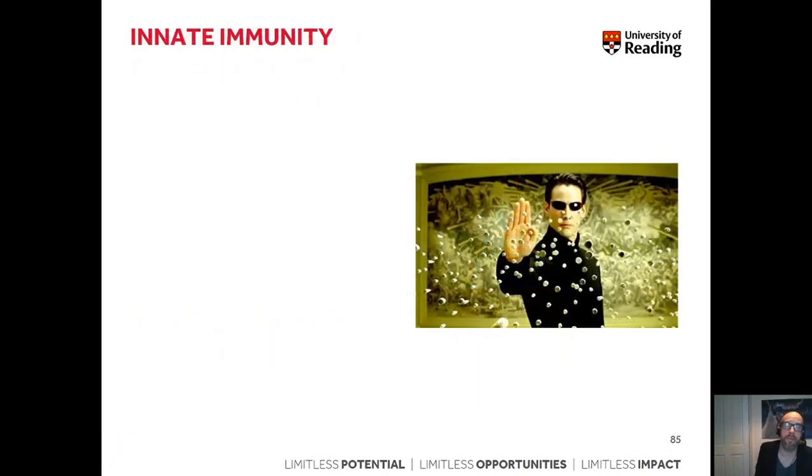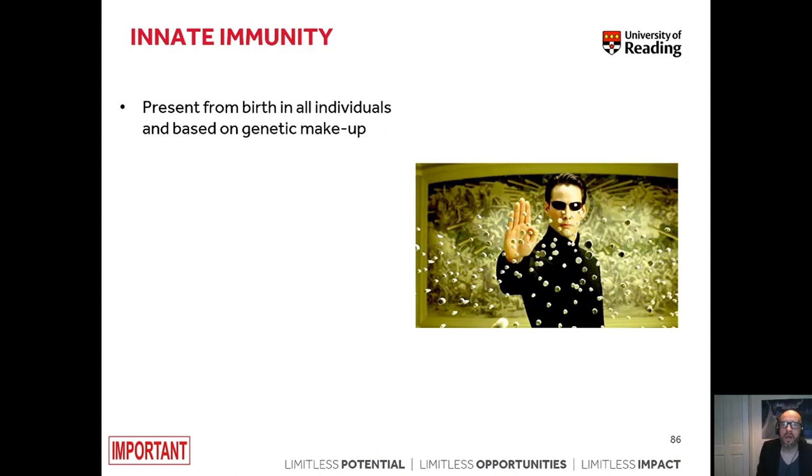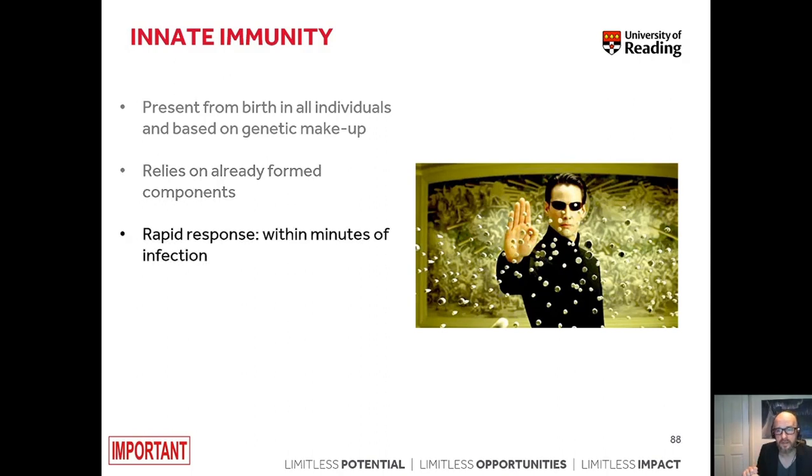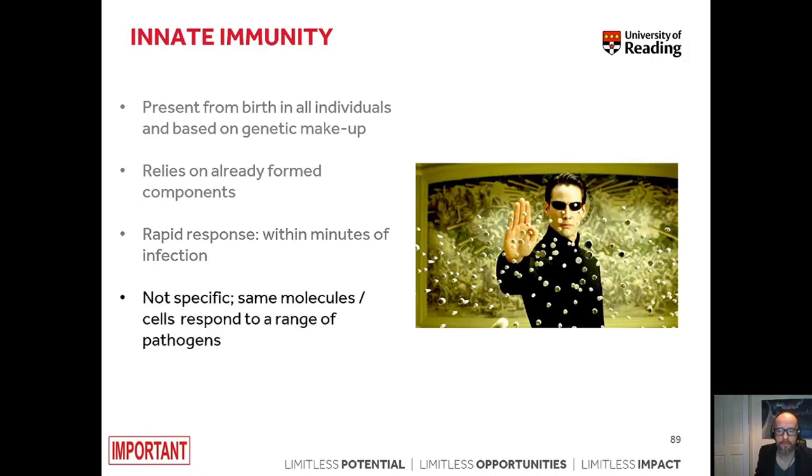So, innate immunity. Innate immunity is present from birth in all individuals and is based on a very specific genetic makeup. It relies on already formed components, and it is fairly rapid in contrast to the adaptive immune system. So the first response is present within minutes after infection.